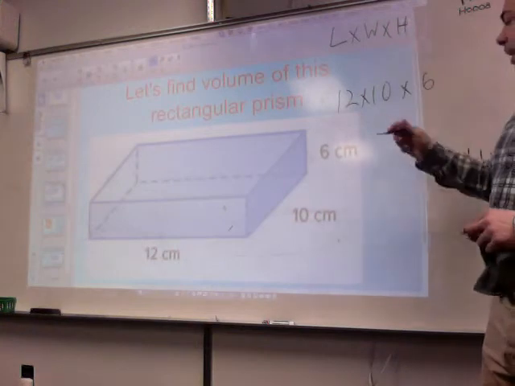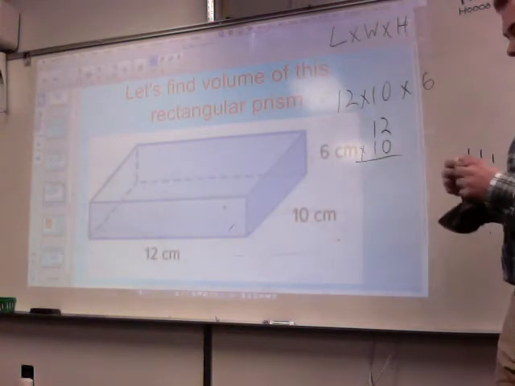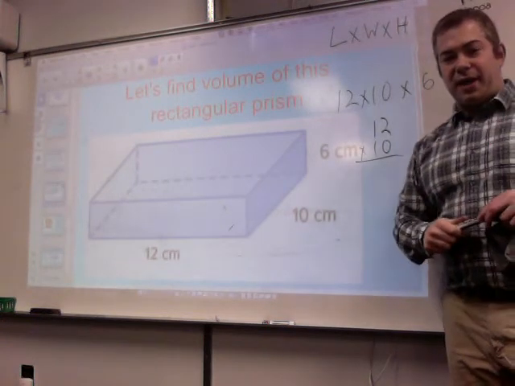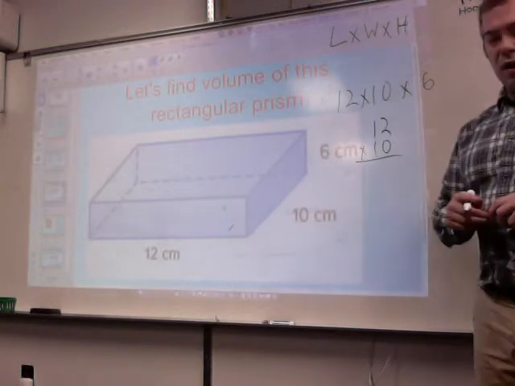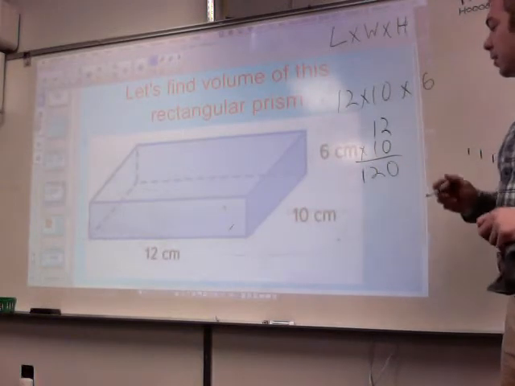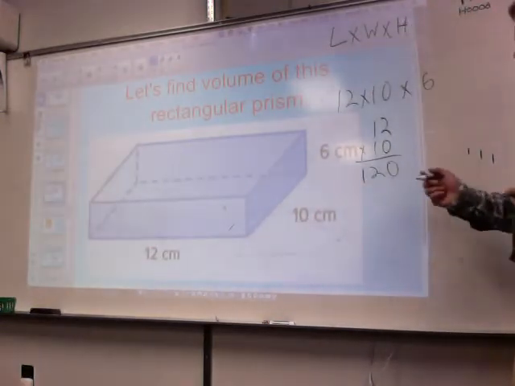Okay, so let's do 12 times 10 first. We can do that one in our head, our length times width, because we know 10 times 10 is 100, and then two more 10s would make it 120. So the area of our base is 120 centimeters squared.